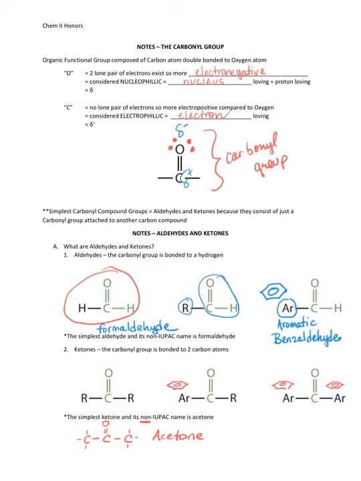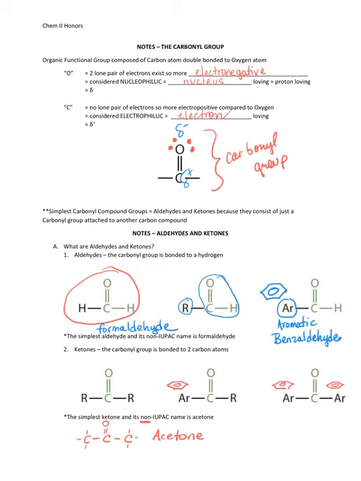Bromo. So we have 7 carbons: 1, 2, 3, 4, 5, 6, 7. 2-heptanone means on carbon 2 we have our ketone. 4, 1, 2, 3, 4 means we have a hydroxy, which means an OH group. And on carbon 5 we have a bromine. Again, make sure you go back and double check that everything has 4 bonds on every carbon.